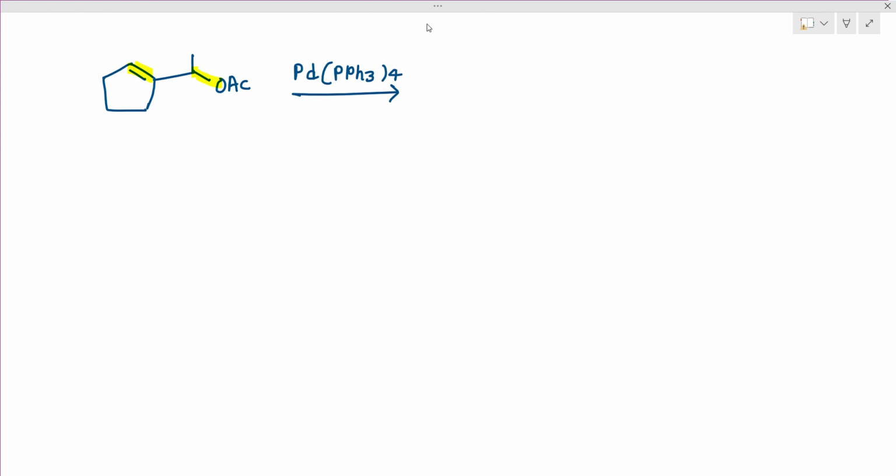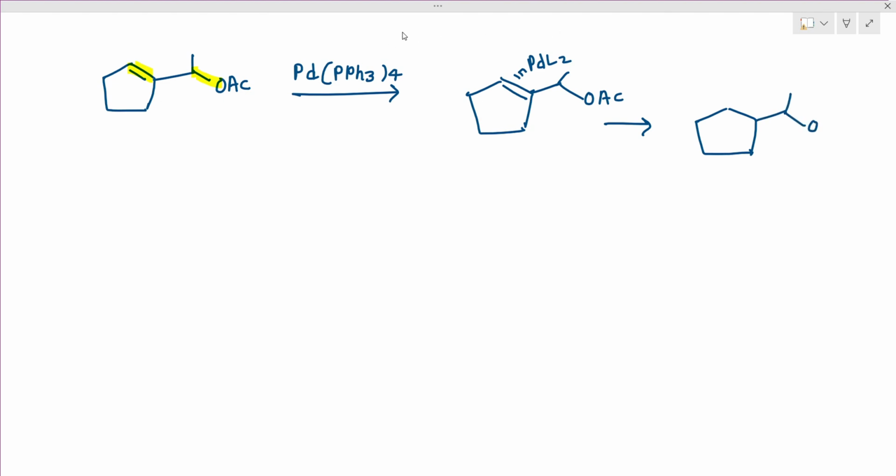So you have to do the reaction in the same manner. Here you have to make a palladium complex. Now in the next step, this OAc will get removed.